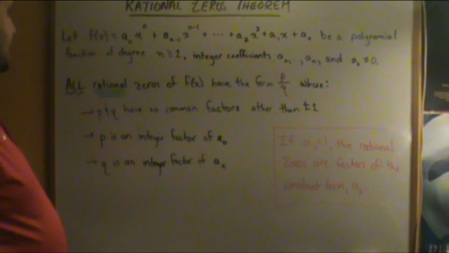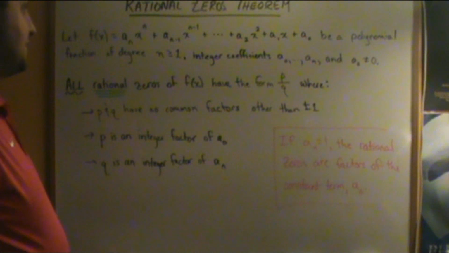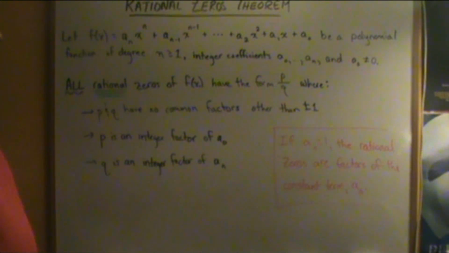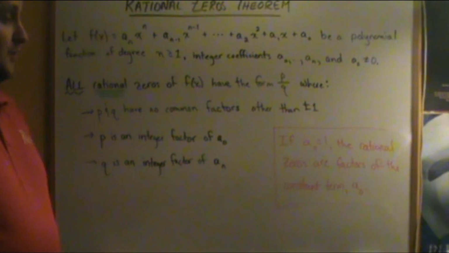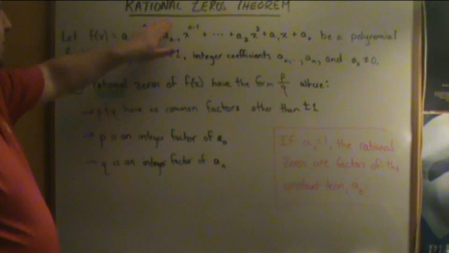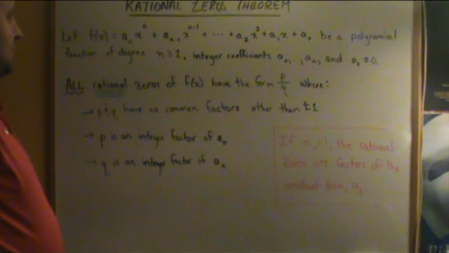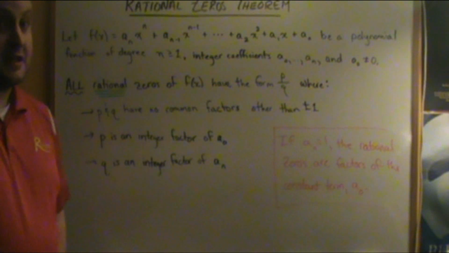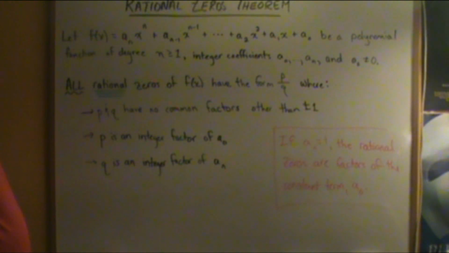In this video we're going to talk about something called the rational zeros theorem and its relationship to polynomial functions and zeros particularly. This theorem is probably one of the bigger theorems you'll see in pre-calculus, as it helps you find the zeros of polynomial functions, but not all the zeros.